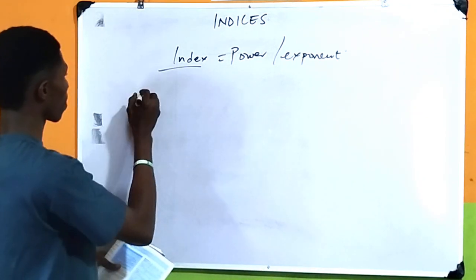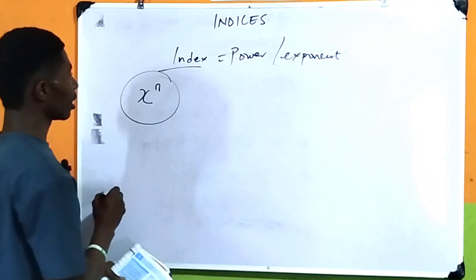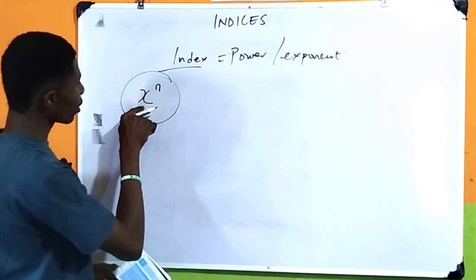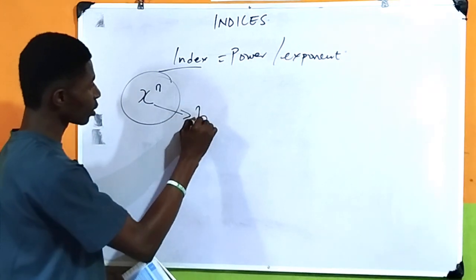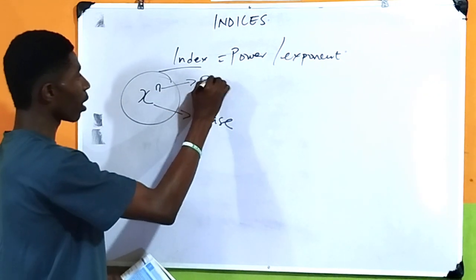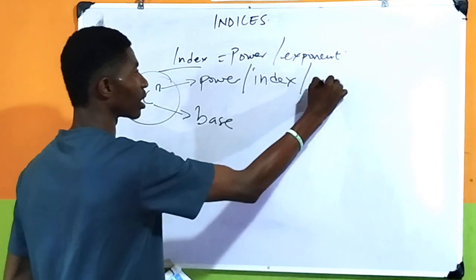For instance, x power n is an indical expression, where x is your base and n is your power or index or exponent.